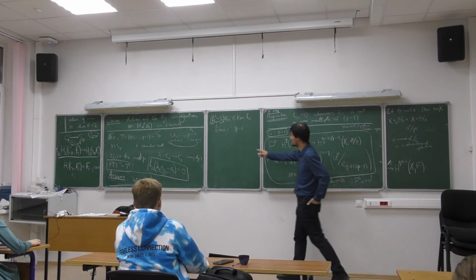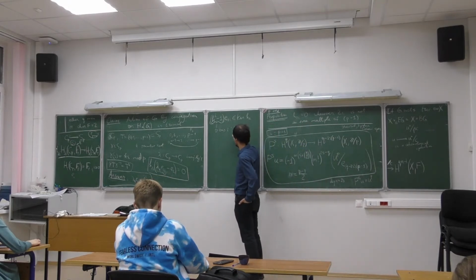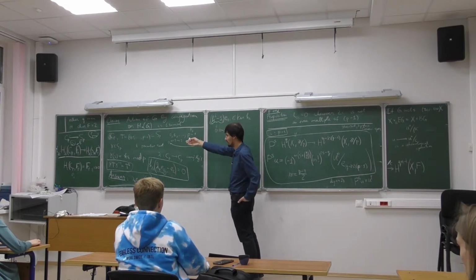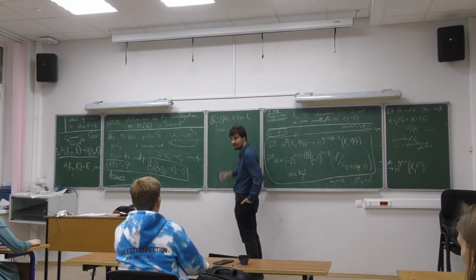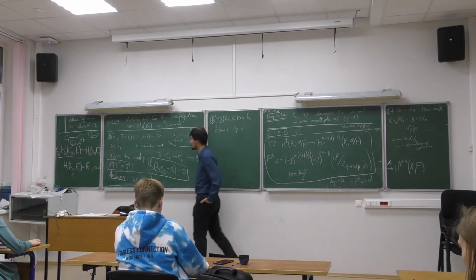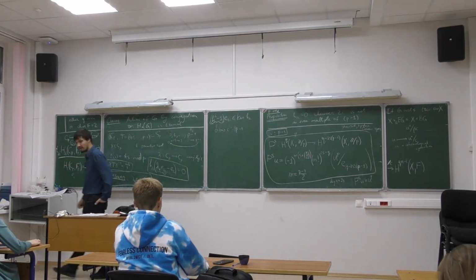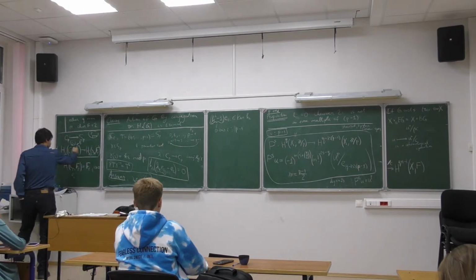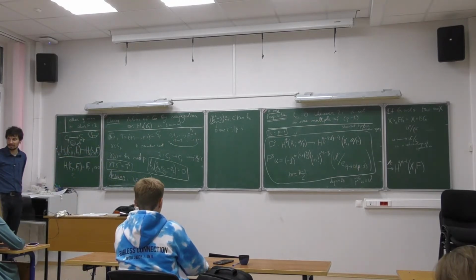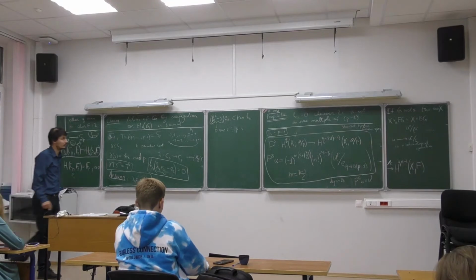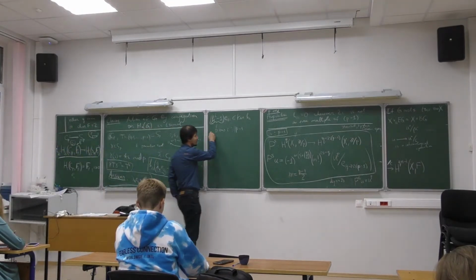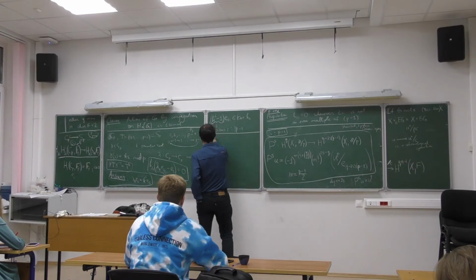So if i is not divisible by p minus 1, then this is not 0, and since all elements in a field are invertible, we get that e_i lies in the kernel of h_i. So this homomorphism is trivial. So this is completely enough.